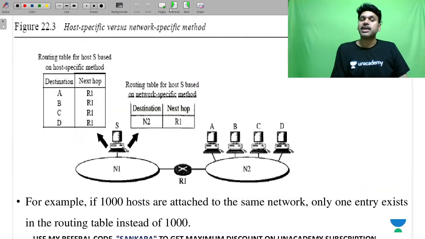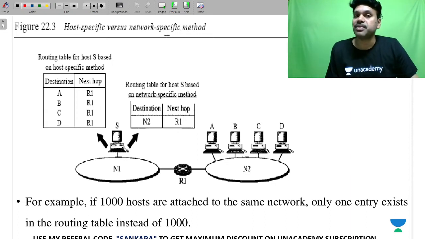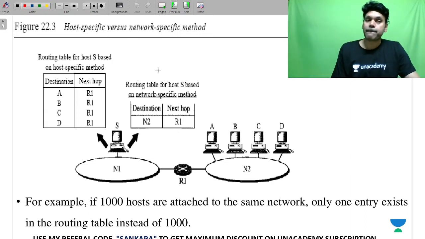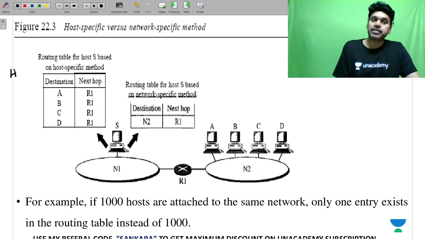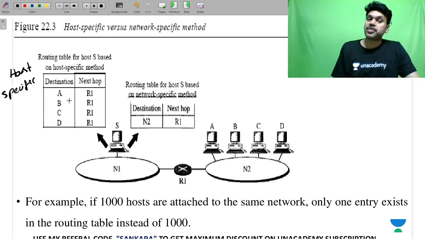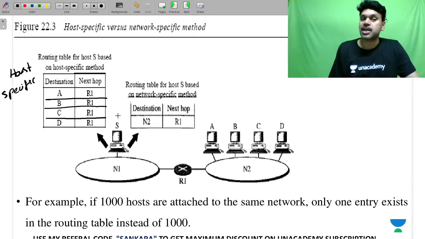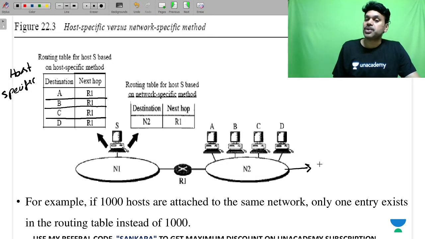So let us see the diagram of it, host specific versus network specific. So this is your host specific. As there are 4 destinations, you need to write 4 destinations. Destination A I want to push, destination B, destination C, destination D I want to push, because they all belong to network 2.